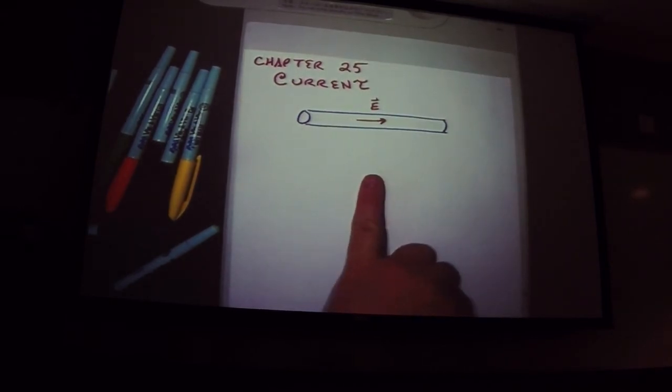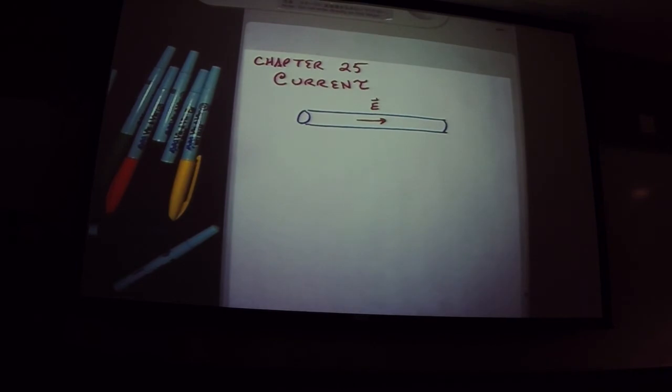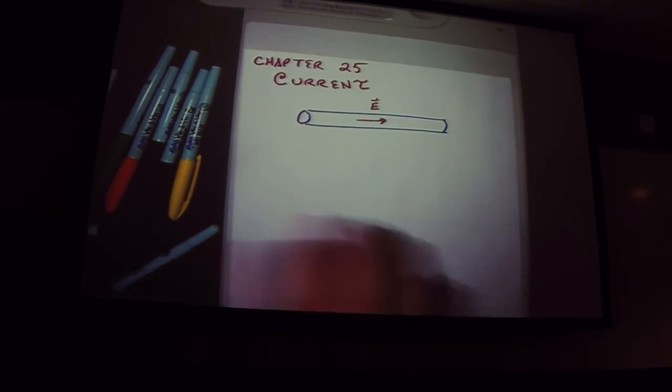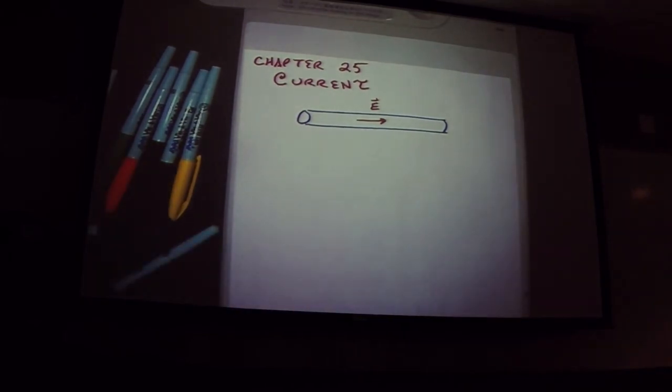But what if somehow they could keep moving? Well, then they would never build up. And the electric field would stay there. And they would keep moving. Now, exactly how they keep moving, we have to explain that in a bit.